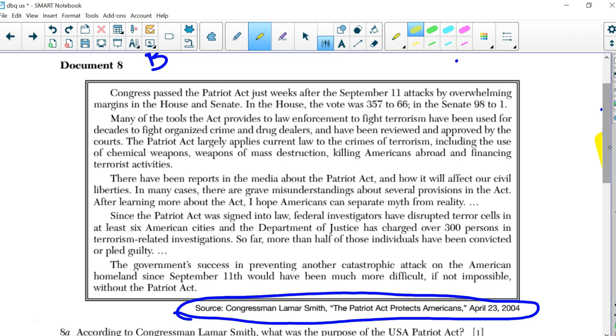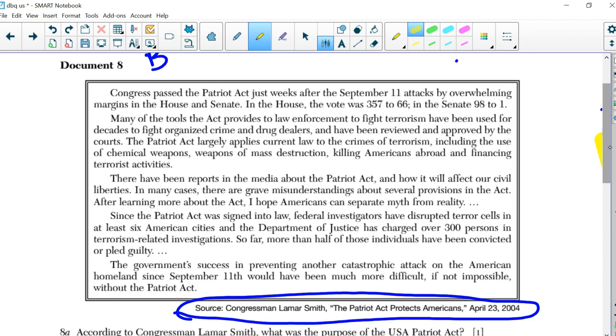The Patriot Act largely applies current law to the crimes of terrorism, including the use of chemical weapons, weapons of mass destruction, killing Americans abroad, and financing terrorist activities.